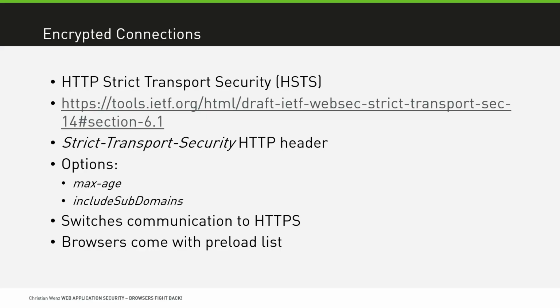Applying for the list basically means that you send a specific version of that HTTP header, and then fill out a form, and then they automatically test it, and basically that's it, right? Then you're part of it. But make sure that you always want HTTPS. If for some reason you say, well, but I do have this HTTP endpoint, then don't be put on that list, because then that HTTP endpoint will not work, because it will not be reached. But pretty amazing technology, and therefore I'm pretty happy about that feature as well.